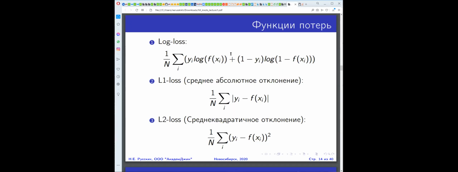This refers to the binary classification task, but log loss can be expanded to multi-class classification.